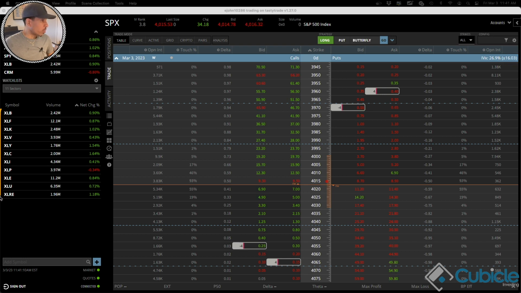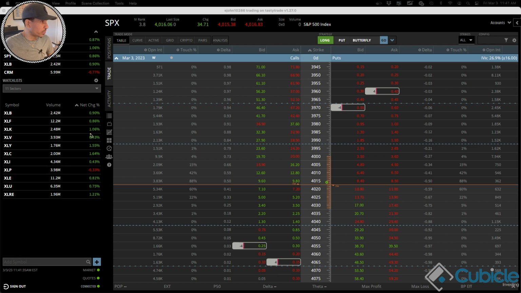So we have most of the 11 sectors that make up the S&P 500 in the green. We know that the big daddy is XLK, which has about a 27% impact on how the market moves. And so it's a little over 1%, which is good. It means that we're not going to see a major pump.